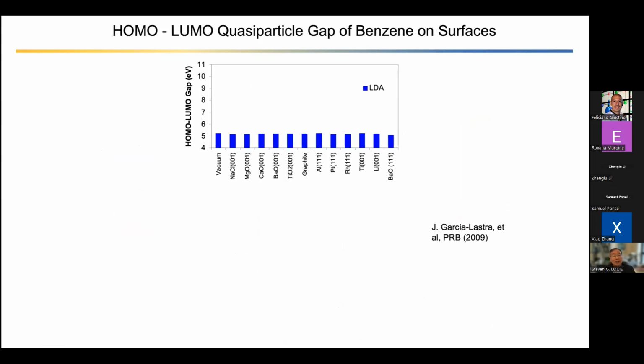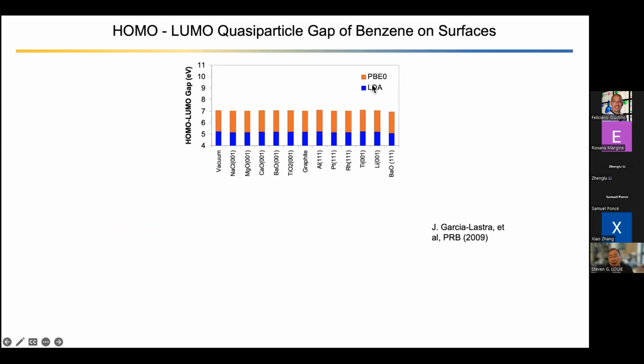correlation effects. So this is a similar type of study, benzene on surfaces, but looking at different surfaces. And if you do an LDA calculation, you get a particular value of the gap, and it doesn't change much from one surface to another surface.